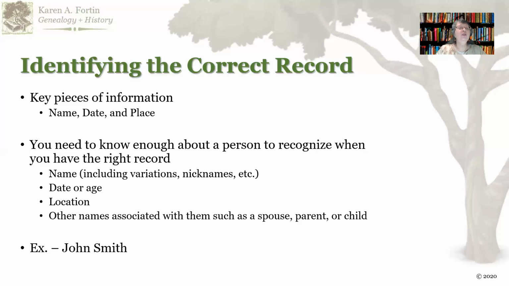So don't worry too much if the name is not exactly the same in every record. Don't assume that you have the wrong person. Always keep in mind all of the possible spellings and variations that might have been used for that person.